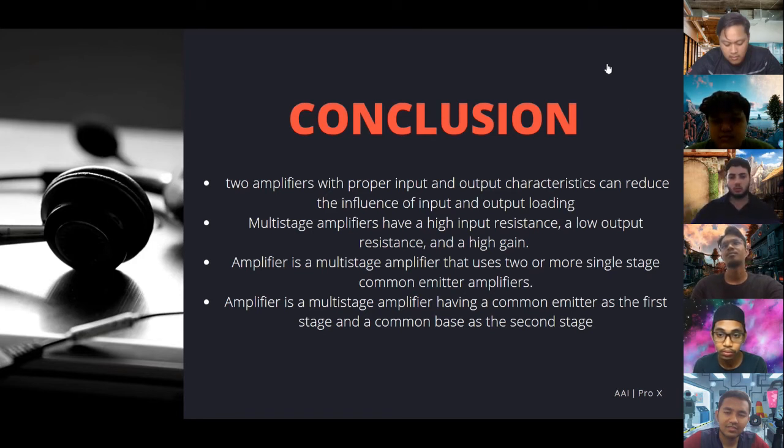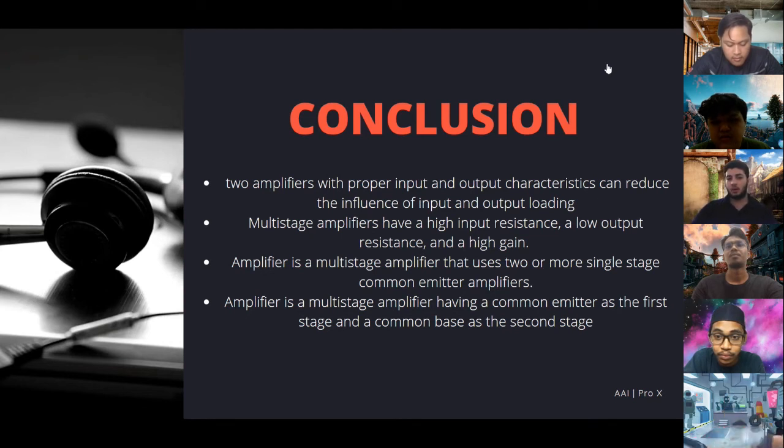For the conclusion, we see that two amplifiers with proper input and output characteristics can reduce the influence of input and output loading. Multi-stage amplifier has a high input resistance, a low output resistance, and a high gain.